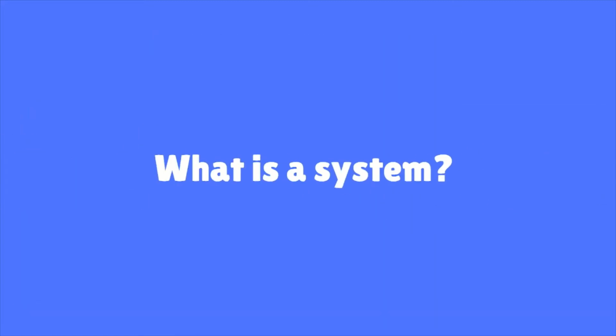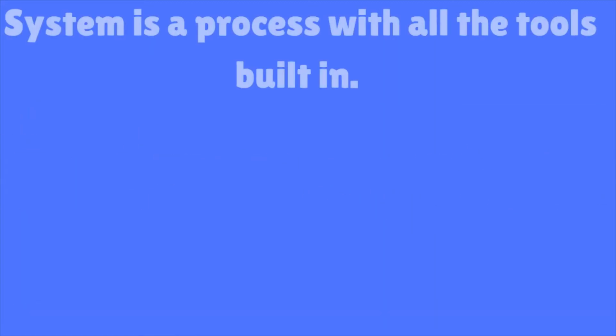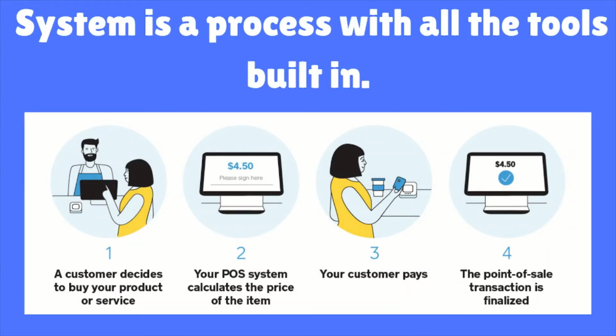Now we'll move to the system. So what is a system? A system is a process with all the tools built in. Like the example I have shown here, the customer decides to buy your product or service, the payment system. So how does this payment system work? A customer decides to buy your product or service.